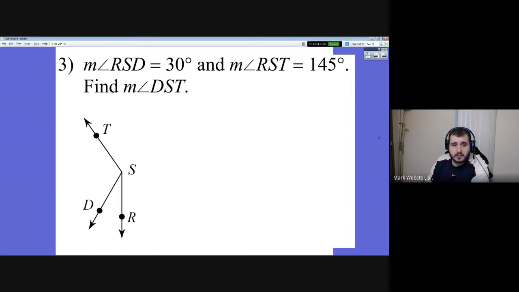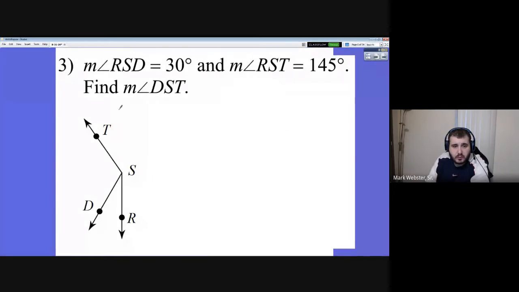All right, same thing. Again, we're going to look at what we've got. They want DST. They give you RSD. And they give you RST.